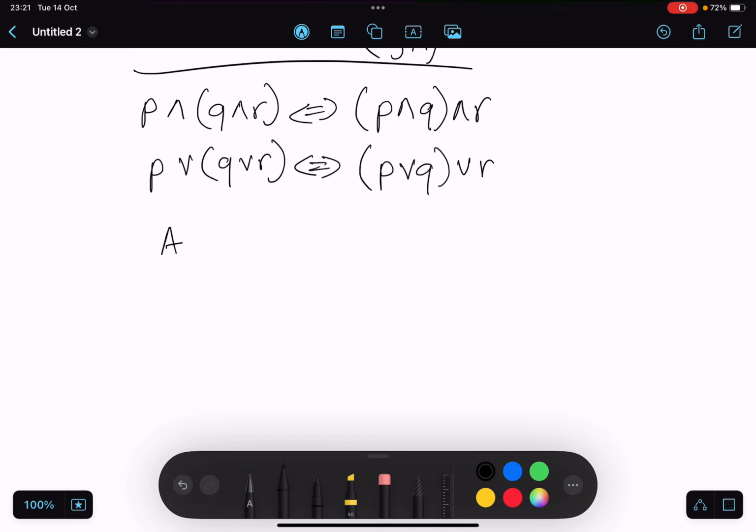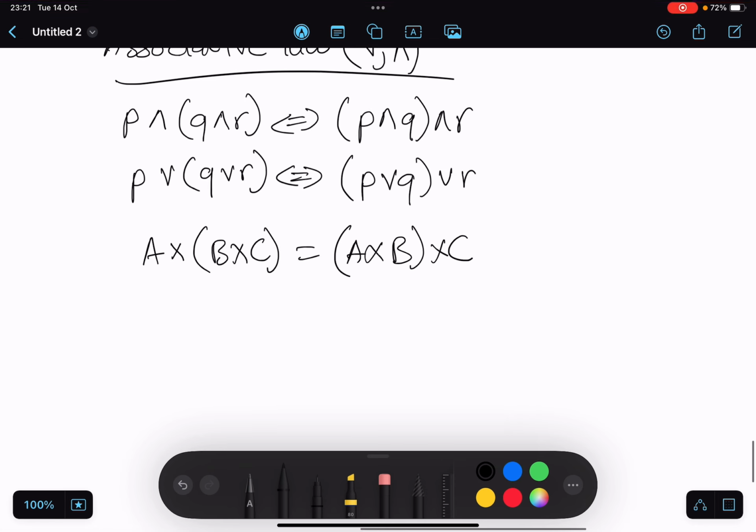Same thing if you have A times B times C. This is the same thing as A times B times C. So this is the associative law.